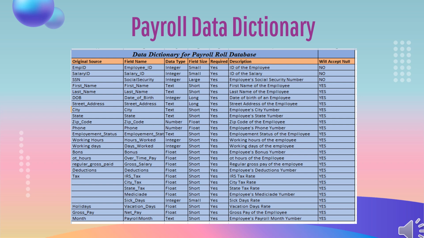For date of birth, they don't usually show it, but you could see the street address, city, state, zip codes, and so on and so forth. And then you're going to see the deductions, the hourly pay, the overtime, and all that. So this is just the payroll database dictionary.